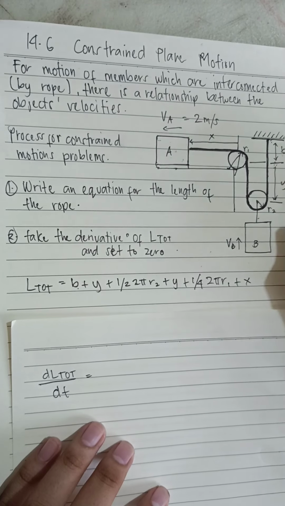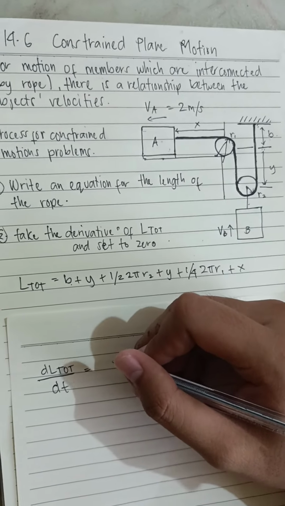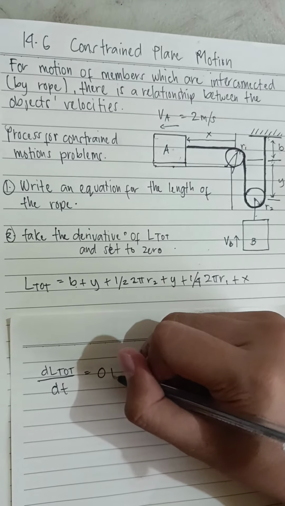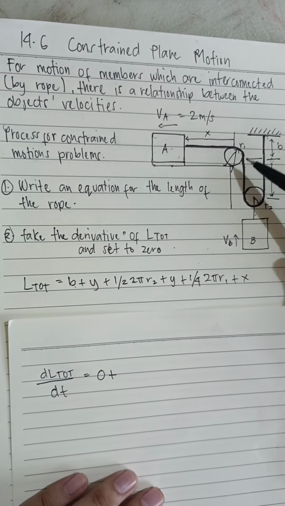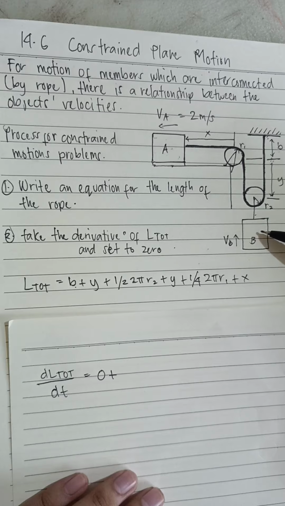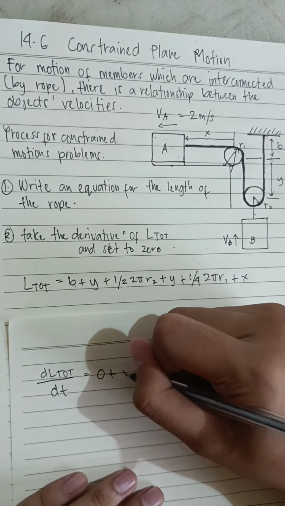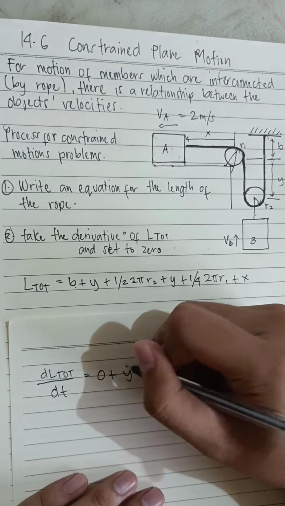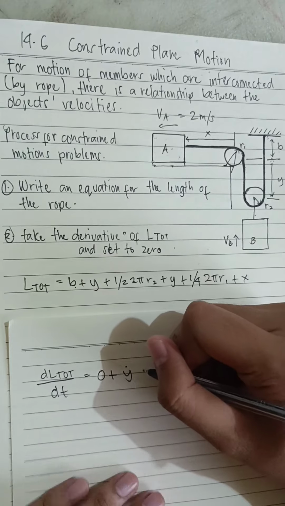It's constant. Ang derivative ng constant is 0. Plus, itong nasa Y naman, pag hinila itong rope, tataas itong block B. At itong rope na nasa Y is shortening. So, it's changing. Ang ilagay na lang natin dito is Y dot. Just remember that dot means time rate of change.